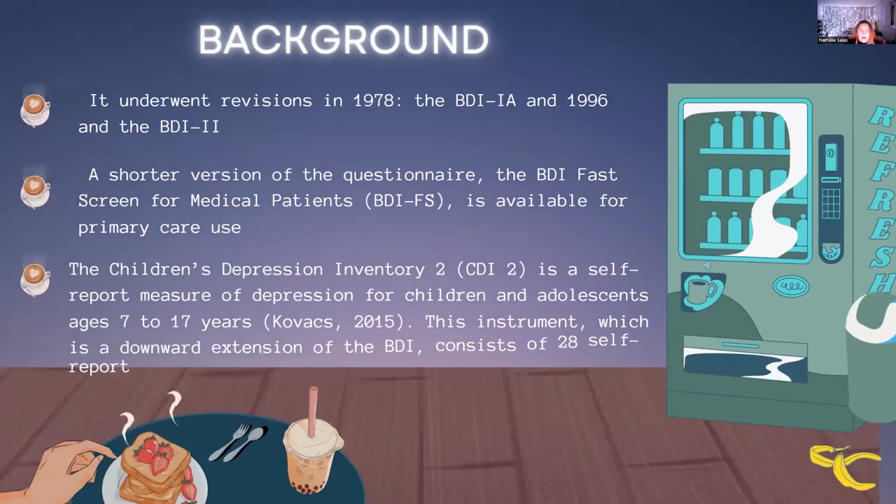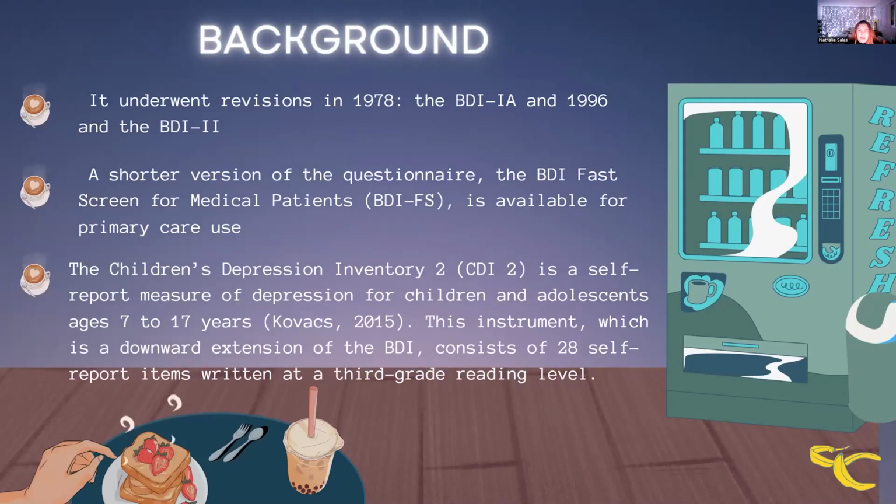And then for background, it underwent a revision in 1978, the BDI-IA, and then in 1998 the BDI-2. There is a shorter version of the questionnaire, the Beck's Depression Inventory Fast Screen for medical patients.